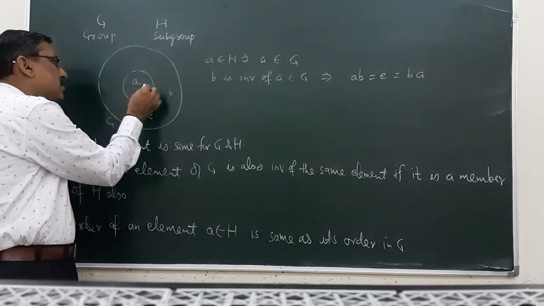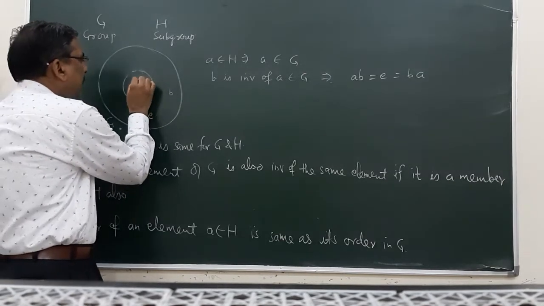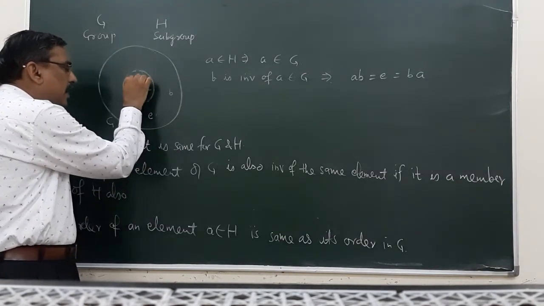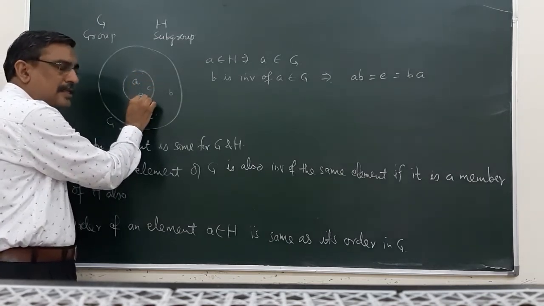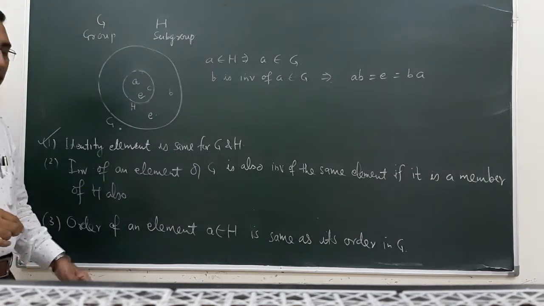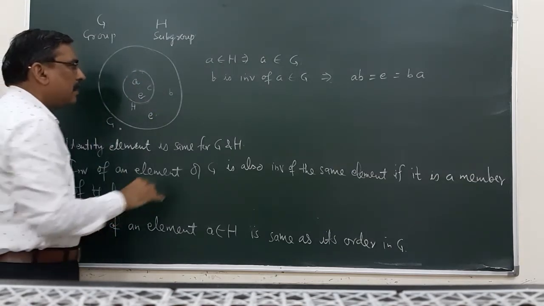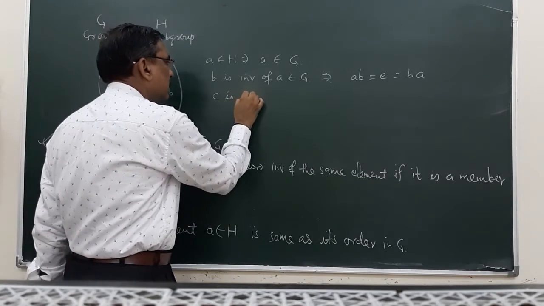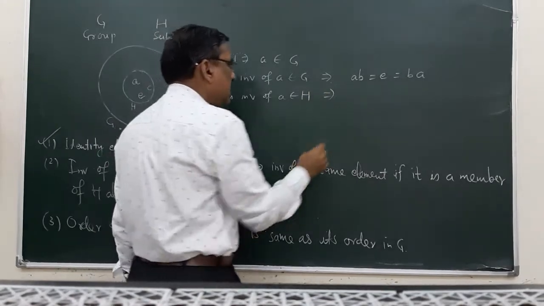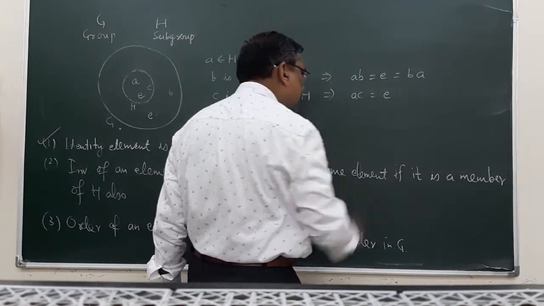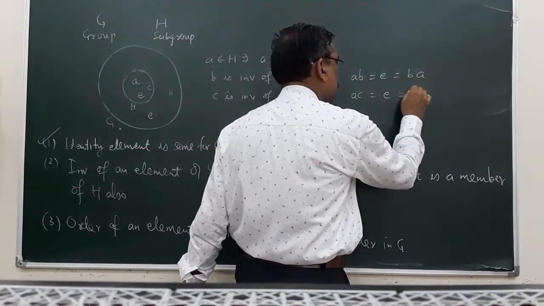Now let us suppose C is the inverse of A when A belongs to H, and H is a subgroup. Naturally, it holds the group property. Therefore, the inverse exists, and let us suppose C is the inverse of A in H. Implies AC is equal to identity. Since the identity is the same, therefore AC is equal to identity is equal to CA.